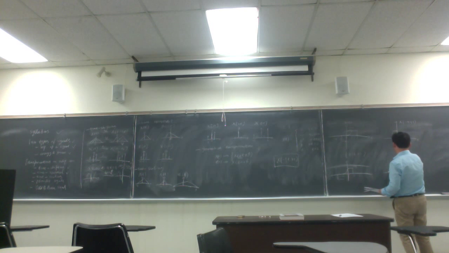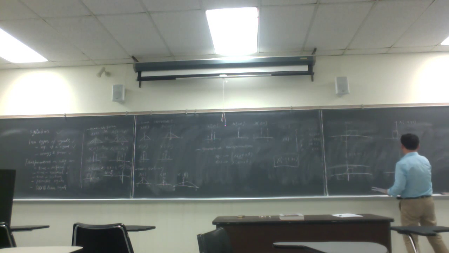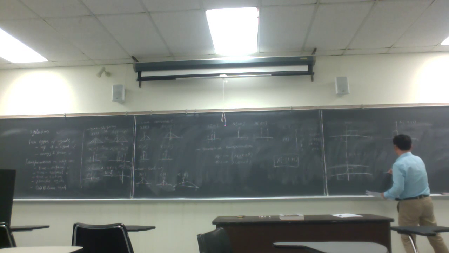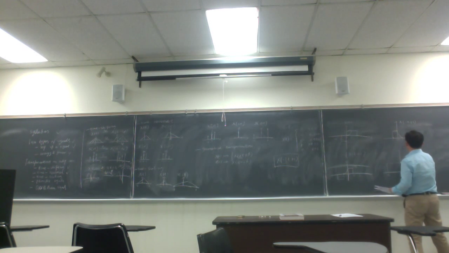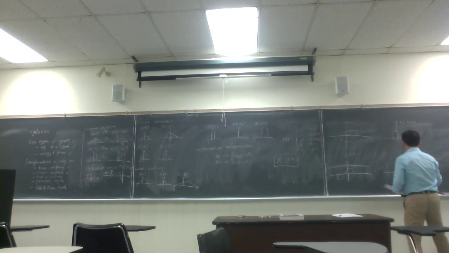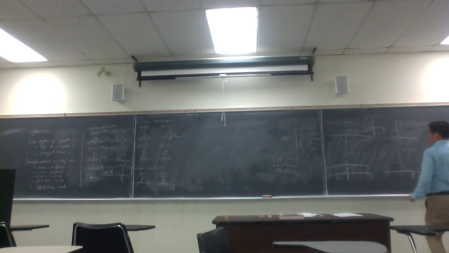So it will be -2, 0, 2, 4. This one. This is a way to get this transformation done.